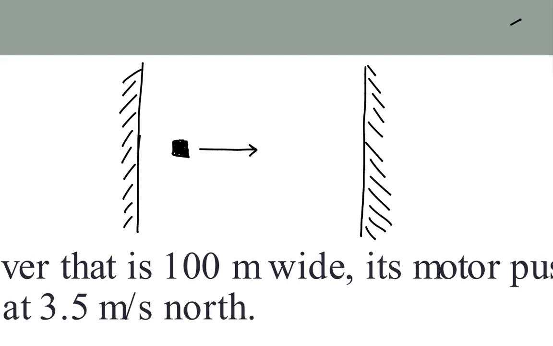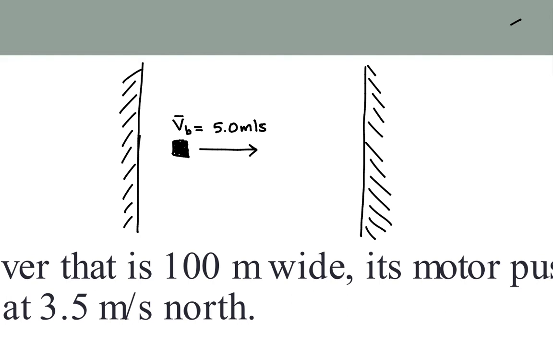Vectors have magnitude and direction. This magnitude is 5.0 meters per second, and the direction is indicated by the arrow. I would call that VB. Why? Velocity of the boat. Excellent.